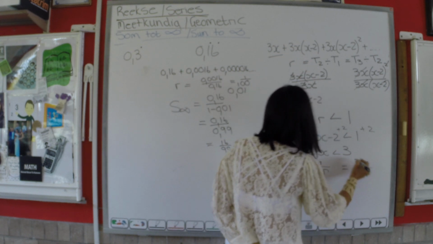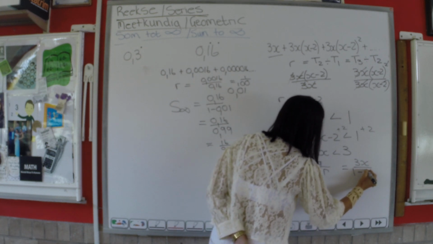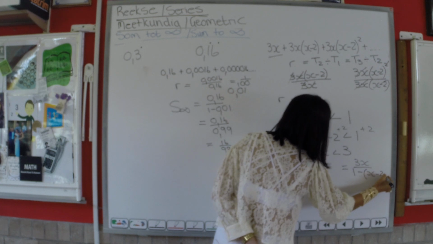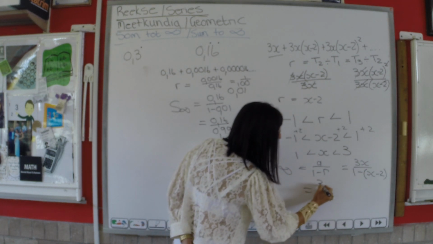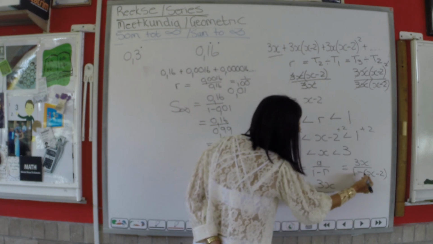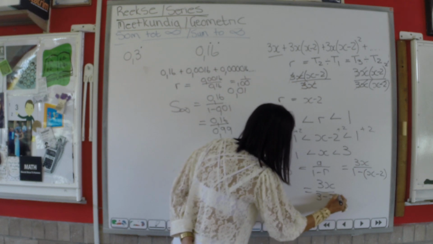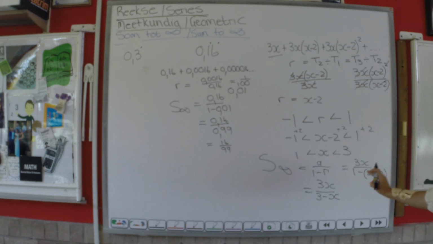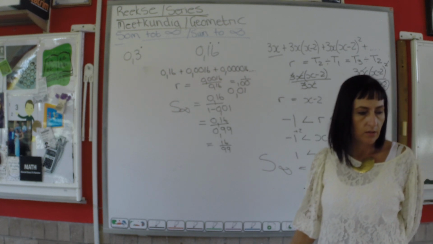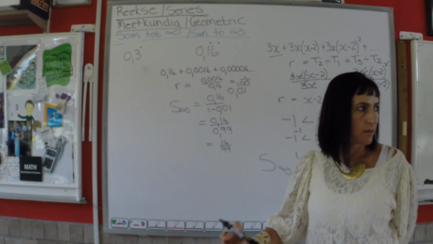Ek het al reeds vir r hierbo uitgewerk, x minus 2, so dis 1 minus x minus 2, and I simply simplify that. I've got 3x, 1 minus x plus 2 gives me 3 minus x. En dit is my som tot oneindig in terme van x as die reeks konvergeer. Graad 12, ons gaan dit oefen.